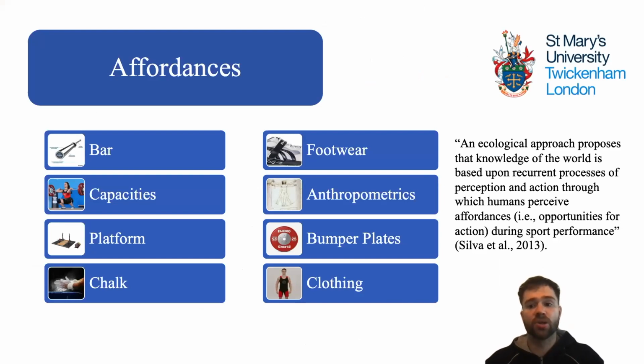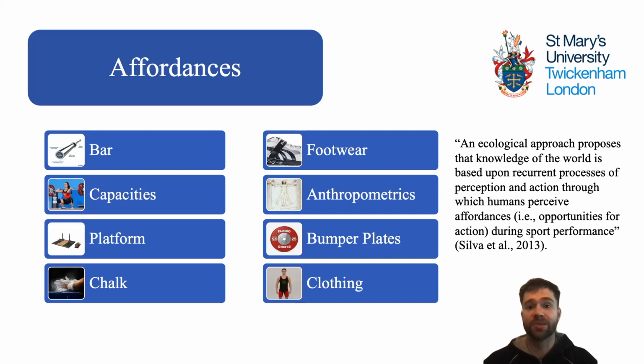So an ecological approach processes that knowledge from the world is based upon recurrent processes of perception and action through which humans perceive affordances, opportunities for action, during sports performance, Silva et al. 2013. So affordances are opportunities for action, and they have a direct link to perception.